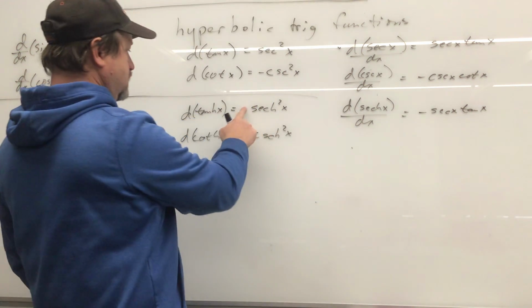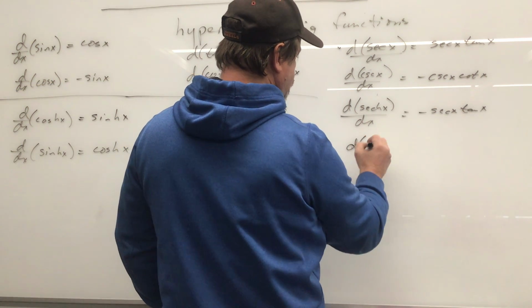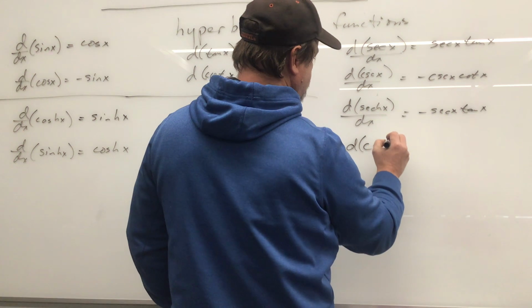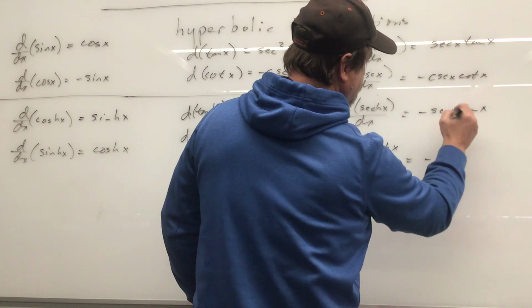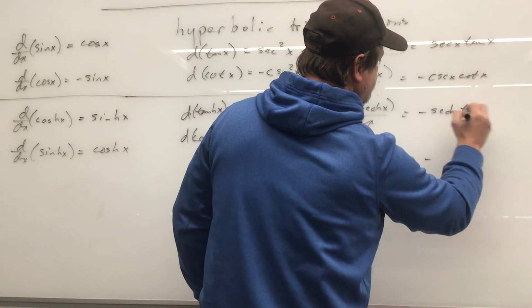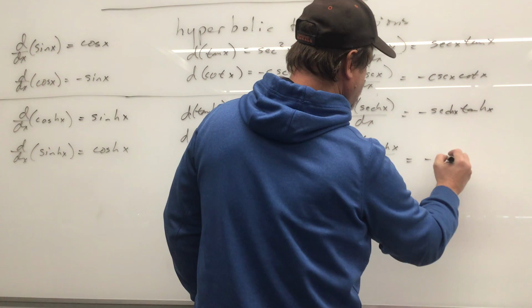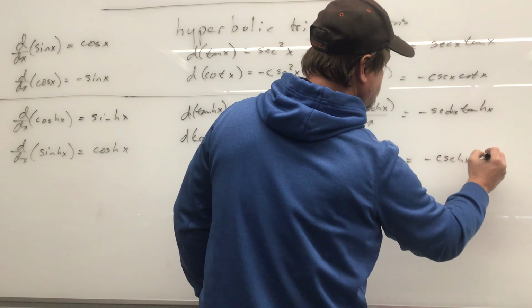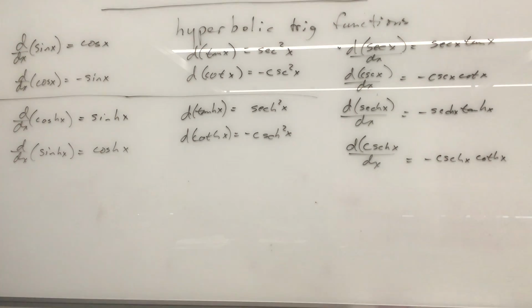And I'm sorry, this is not the negative, that's the positive. Negative migrates over here. The derivative of csch of x is negative csch x, coth x.